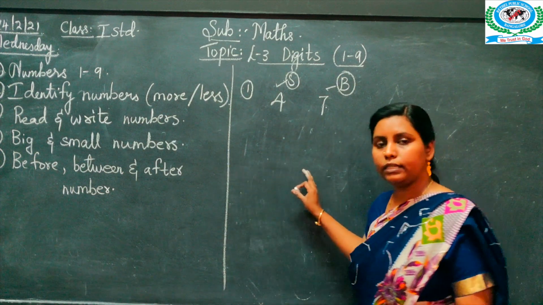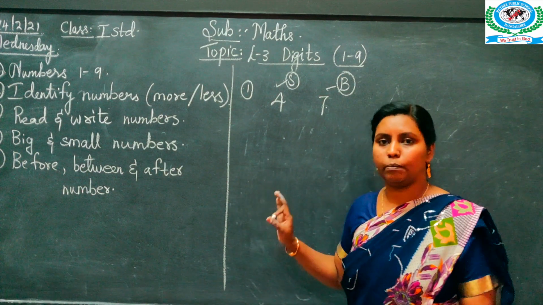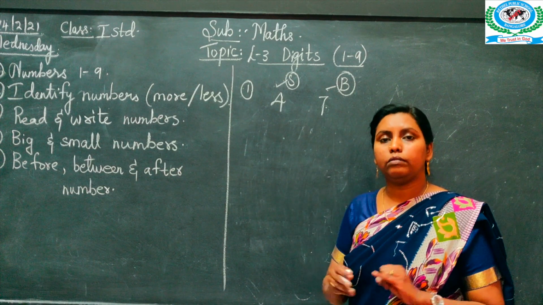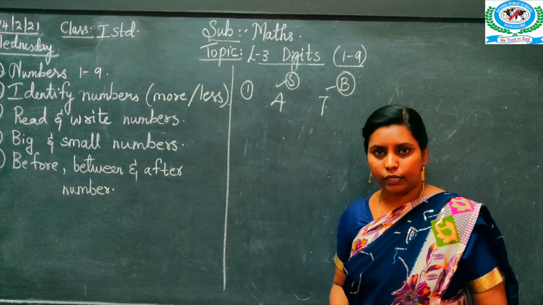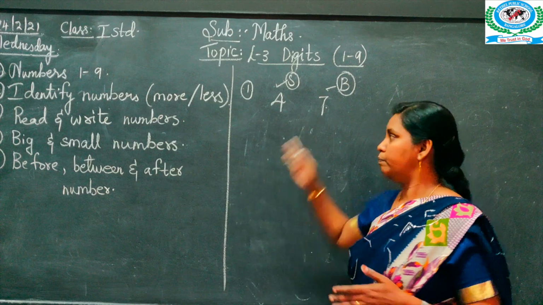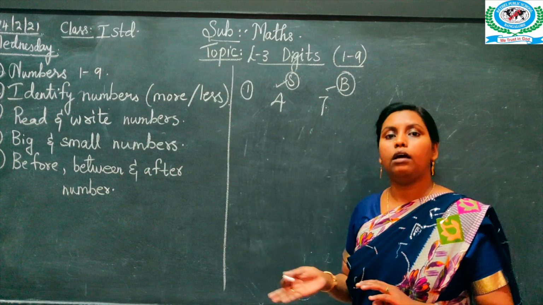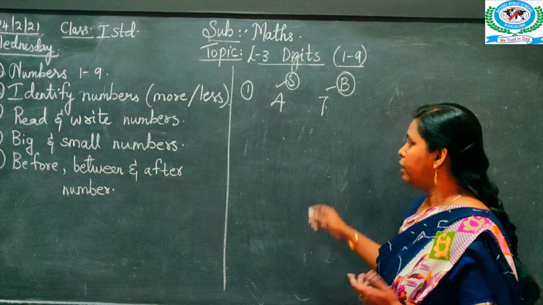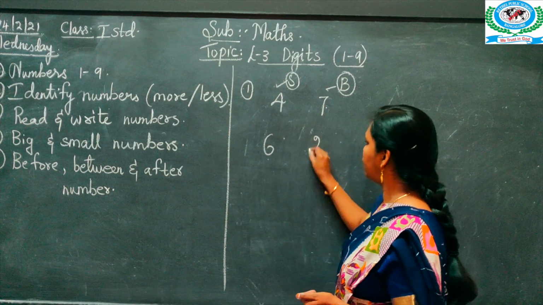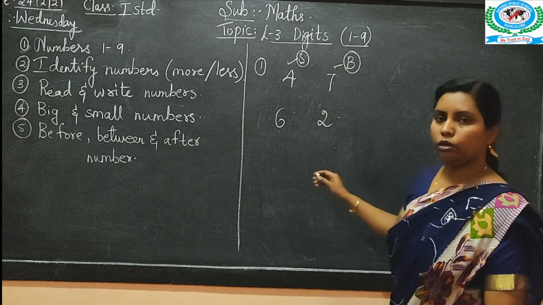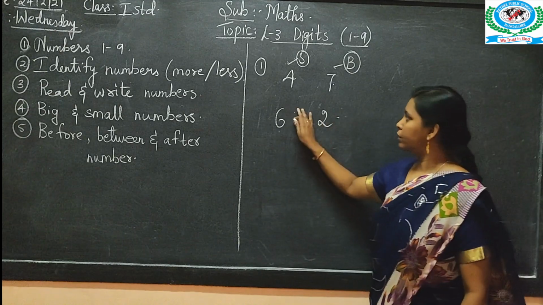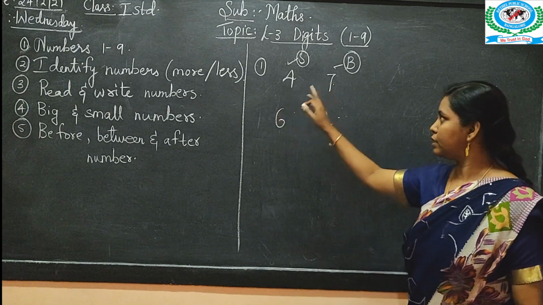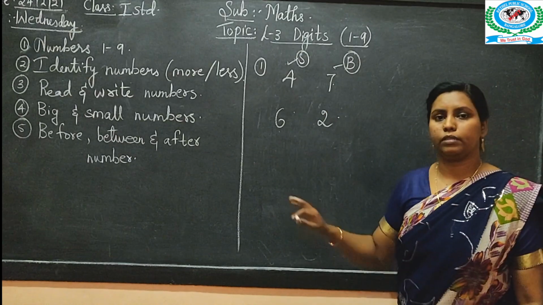Now like this you can make out which is the bigger number, because if we know the numbers in order, that is 1 to 9, then only we can say which is the small number and which is the big number. Then another example, 6 and 2.